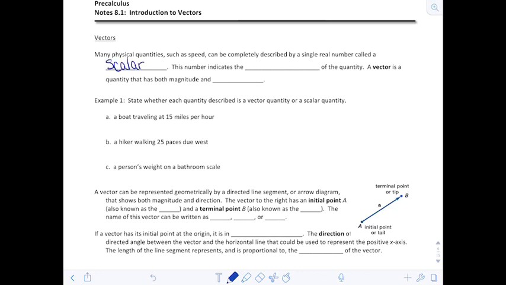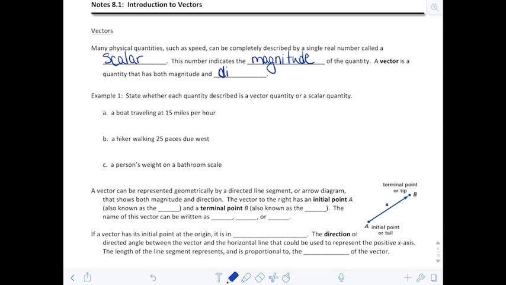This number indicates the magnitude of the quantity. As we know, the scalar is a number, and it can represent speed, and some other things as well. A vector is a quantity that has both magnitude and direction.